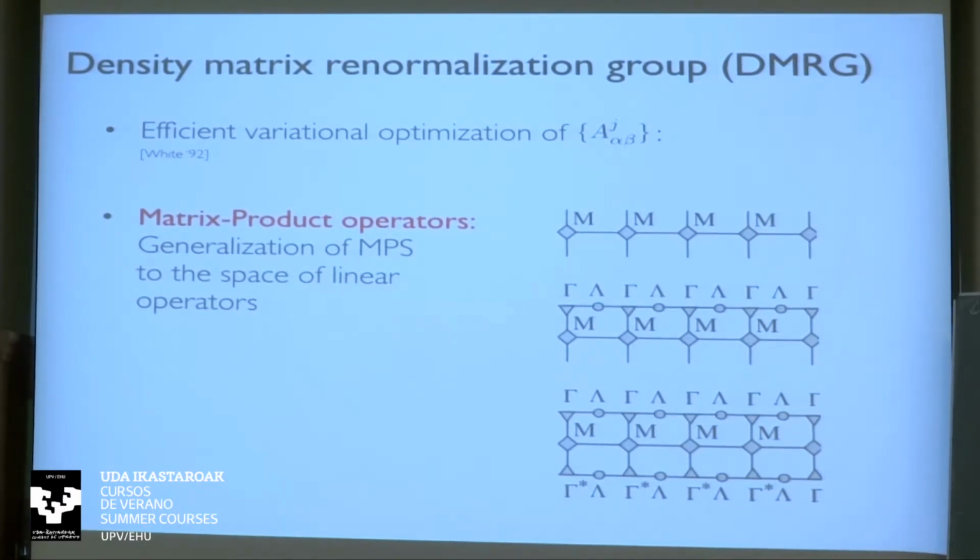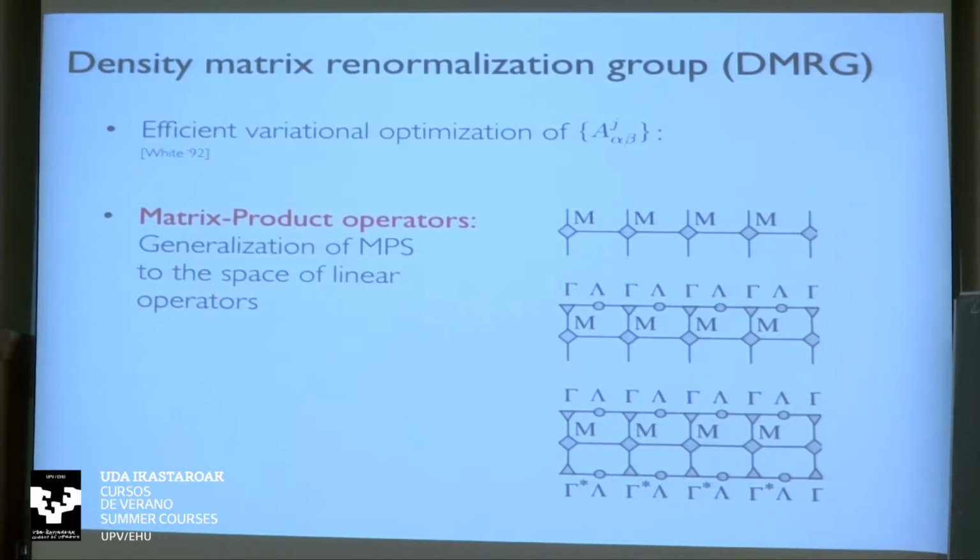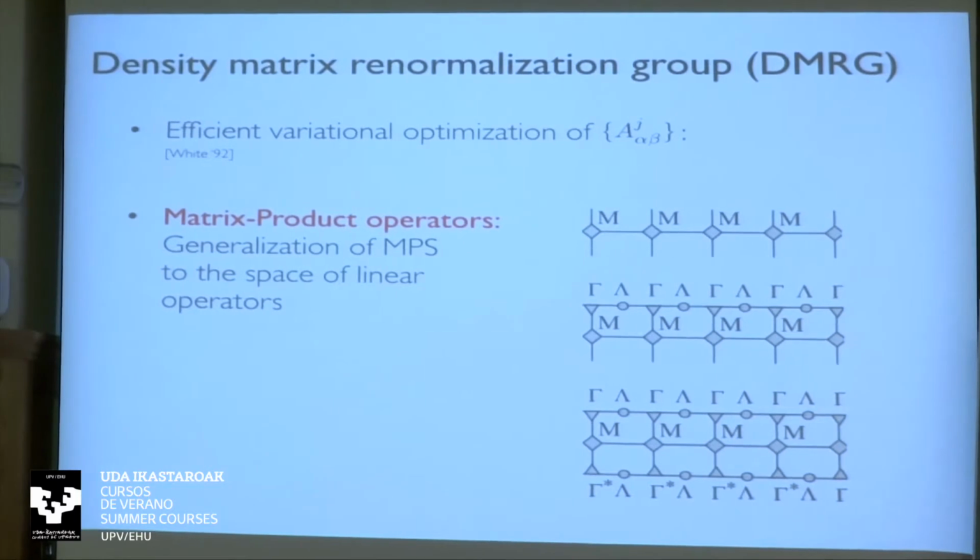For understanding this formulation of the density matrix renormalization group method, I need to introduce one other concept, the so-called matrix product operators. After hearing about them several times now, you're probably already very familiar with expanding states in terms of matrix product states, where we get these kind of expressions.